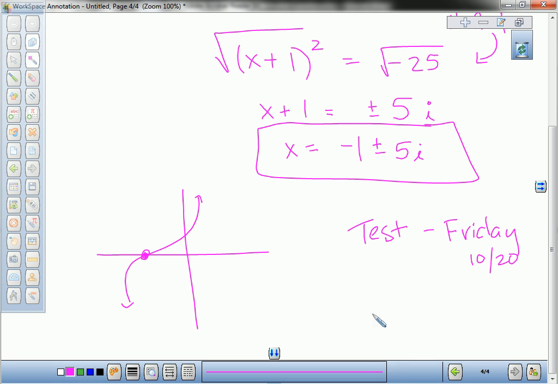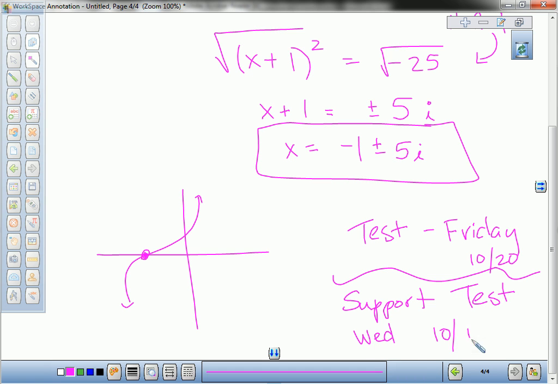Okay, let's do it Wednesday, because then that gives us more chances to ask questions before our test in our regular class. Half of y'all have it before. And Thursday is earlier than Wednesday. Oh, well then definitely Wednesday. So our support test will be Wednesday, 10/18. So that's when we'll have the test in here.